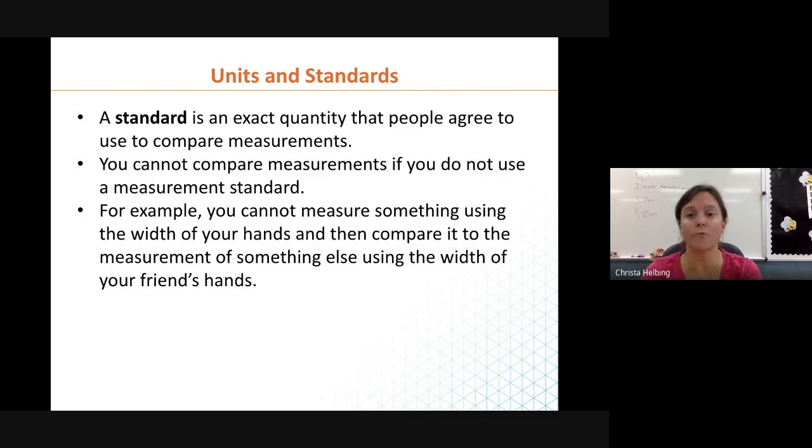So how do we know if I measure a foot using the foot on my foot or the foot on your foot? That's not a standard, because each of our feet is a different size. But a ruler is a set measurement.